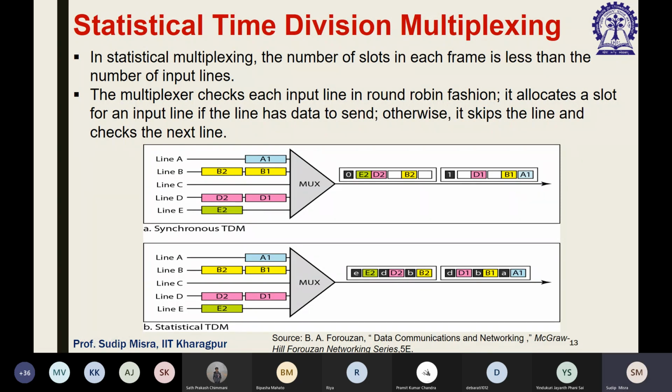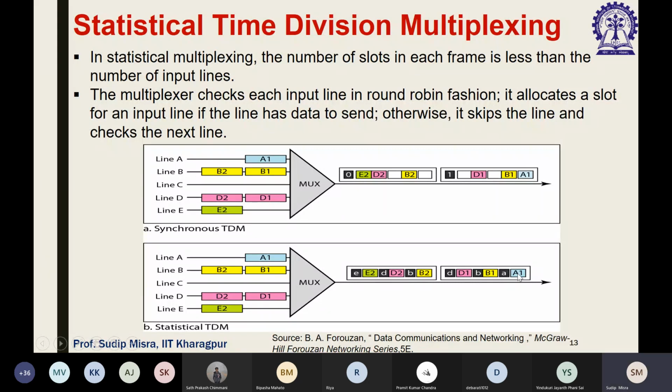So that is where statistical time division multiplexing comes as a solution, where the whole idea is that you do not leave any empty slot. So how is it done? It is done like this: every frame is going to be accompanied by its header.